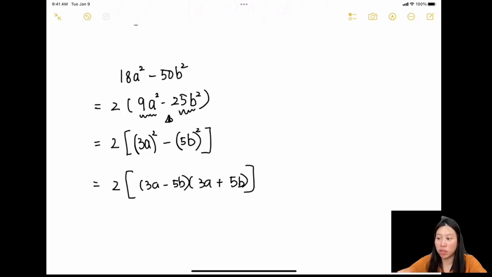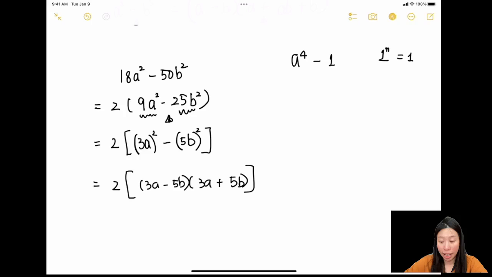Or sometimes you see those fourth powers, and you may be confused, such as a to the fourth minus 1. So that's the tricky part. You need to remember 1 to any power always equals 1.